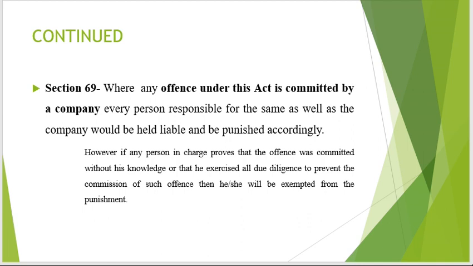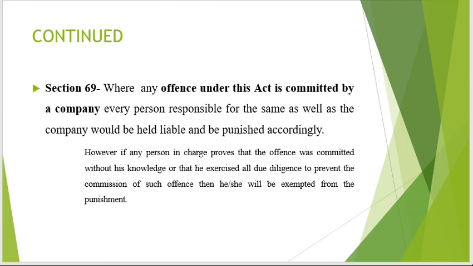In the previous sections also we have discussed that if anybody is able to prove that he did not have the knowledge about the same, then he would not be held liable and he would be given lesser punishment. So here, if any person in charge is able to prove that the offence was committed without his knowledge, or that he had the knowledge that some copyright infringing activity was going on, and he exercised all the due diligence to prevent the commission of such offence.